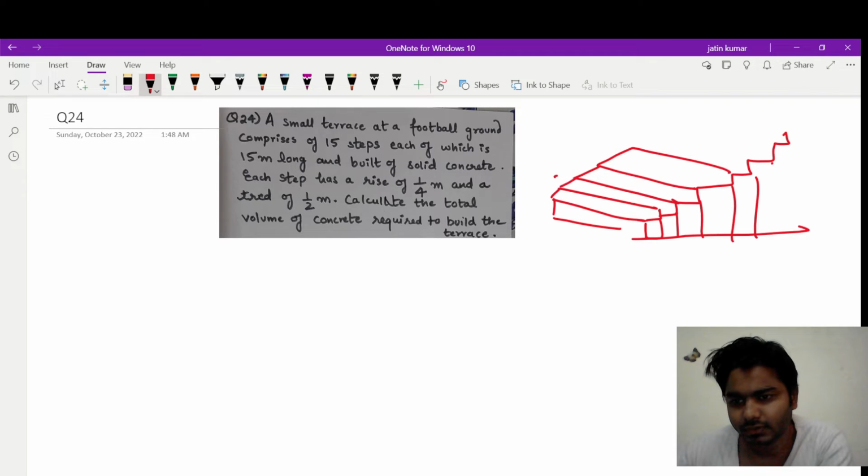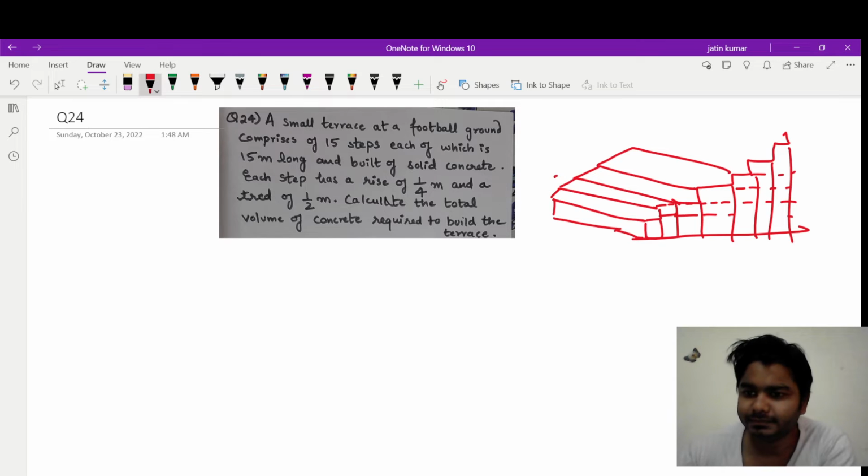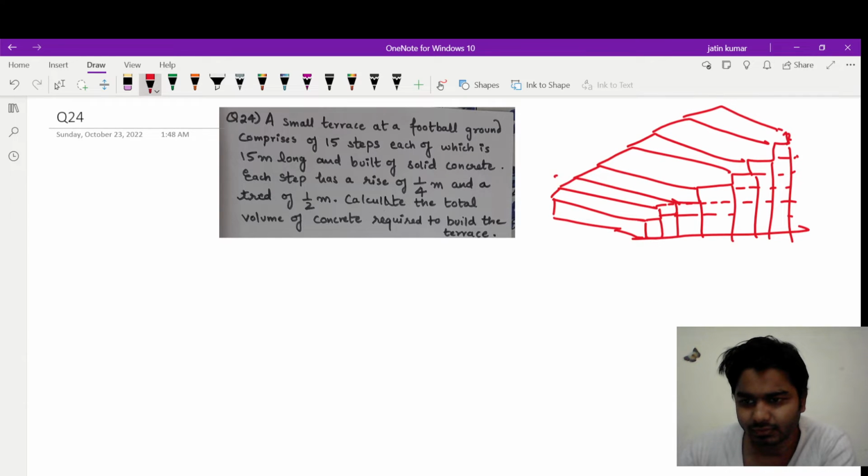I hope it looked like that. Okay, suppose there are 15 steps. Football ground, if you have ever visited, then you know what I am trying to tell here, right?